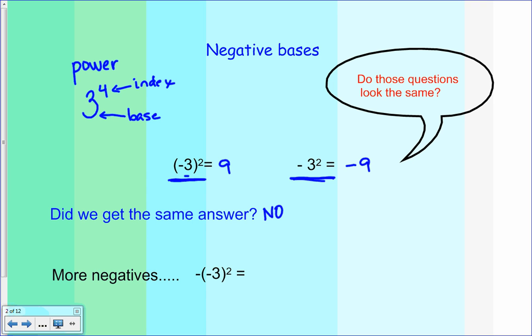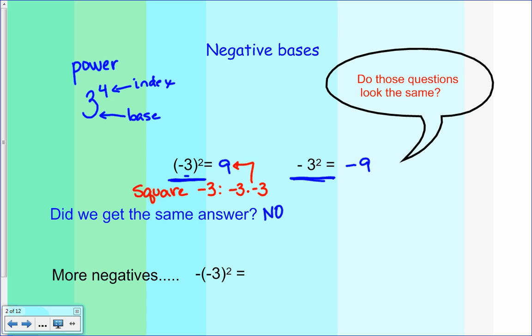The reason is that this first problem says to square -3. In other words, -3 times -3. And we know that a negative times a negative gives us a positive, and so we would get +9.